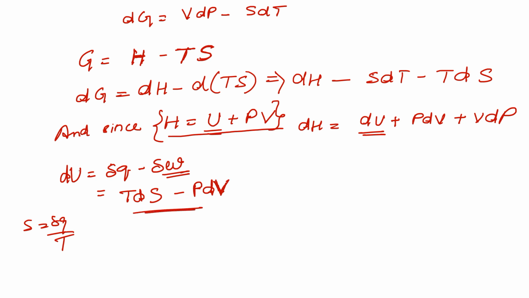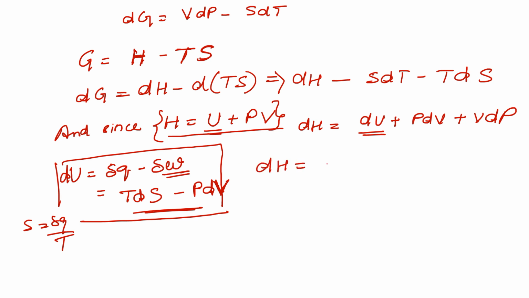This comes from the first law of thermodynamics, and we'll come to how we get this equation. So when we plug this equation in here, dH is equal to T dS minus P dV plus P dV plus V dP.